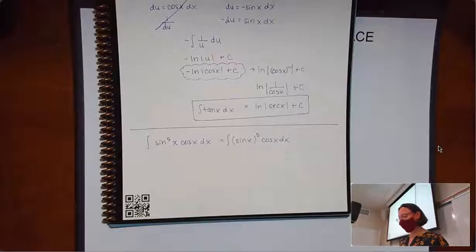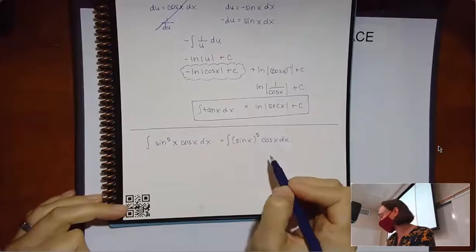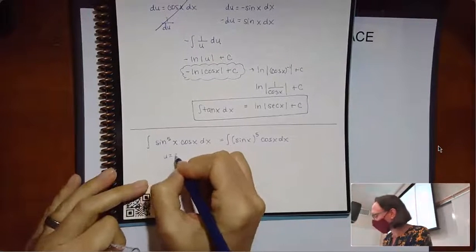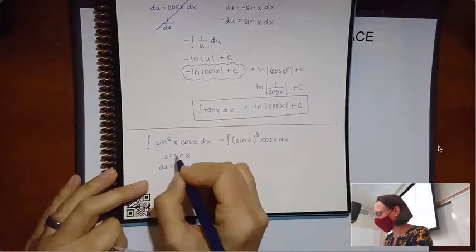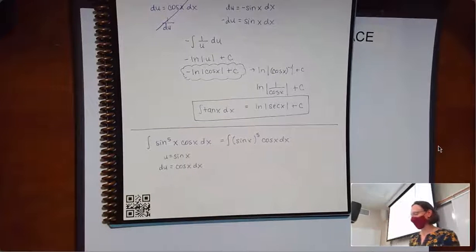And we kind of have a choice to make, but just remember u stands for ugly. And this part's a little bit uglier than the other because we've got something to the 5th. So I'm going to let u be equal to sine of x, and that's going to make du, derivative of sine is cosine of x dx.